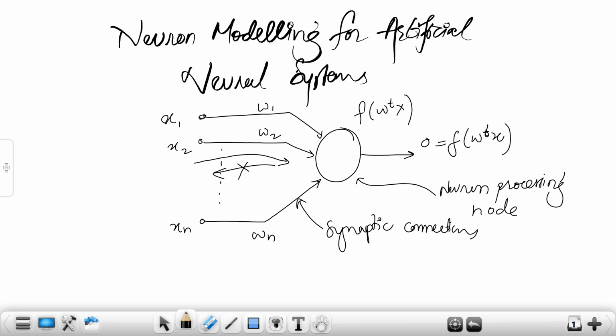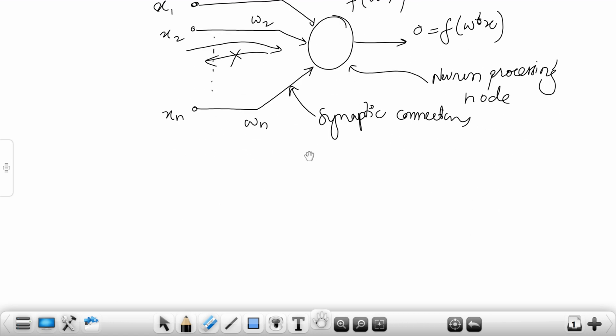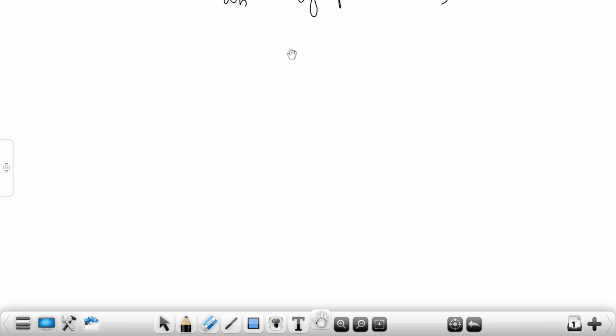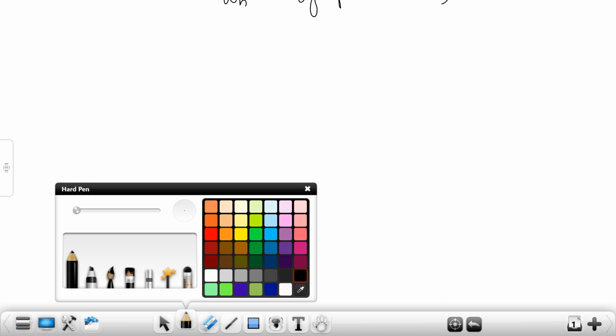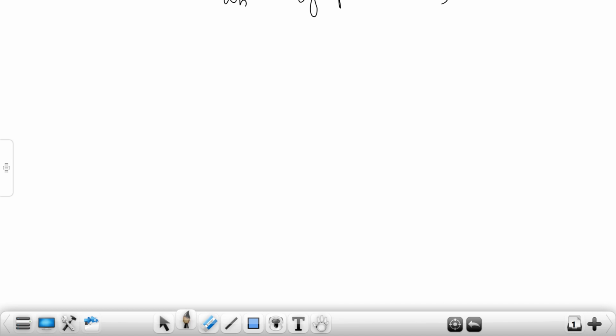Now we'll look into this function and how it behaves. We'll go into a little bit of mathematics regarding this. We have written O equals f of w^T x. What is w^T?